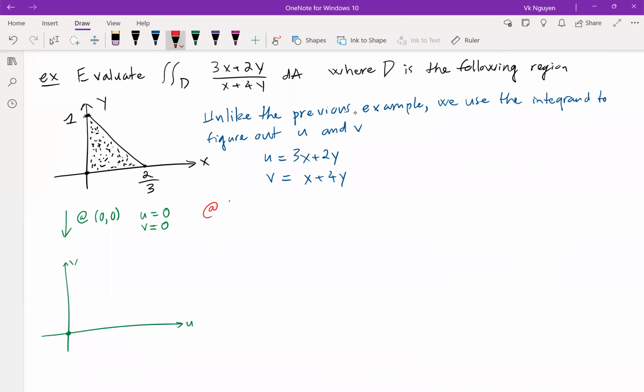Next point is 0, 1. So x equal to 0, y is equal to 1: U is 2, V is 4. So 2 and 4.